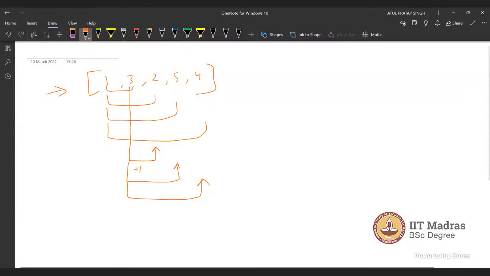Now 2 is less than 5, there is no inversion. 2 is less than 4, there is no inversion. Now for 5, there is an inversion because 5 is greater than 4 but comes before this 4. So there are 2 inversions in our given list. So how can we find out these inversions using our given approach?